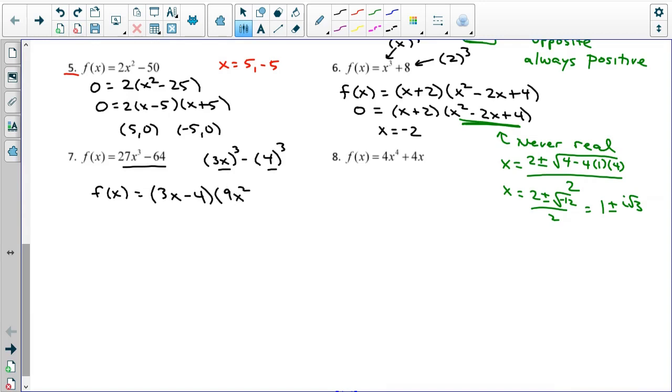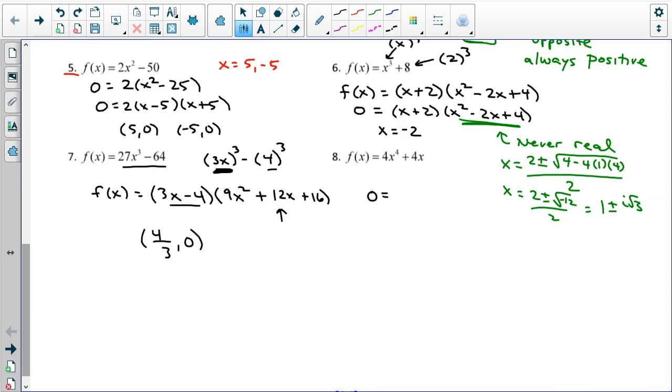Then I have 9x squared because if I take 3x and I square it, I get 9x squared. Opposite sign, 3x times 4 is 12x, and then 4 squared is 16. So once again, this one's never going to be real. And then if I set 3x minus 4 equal to 0, I have an x-intercept at 4/3, 0. The other two are non-real.